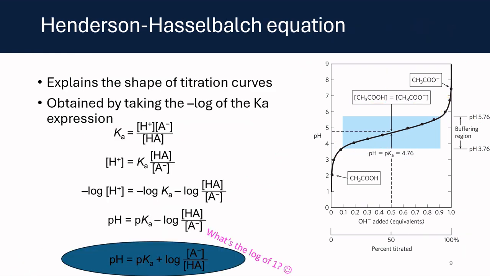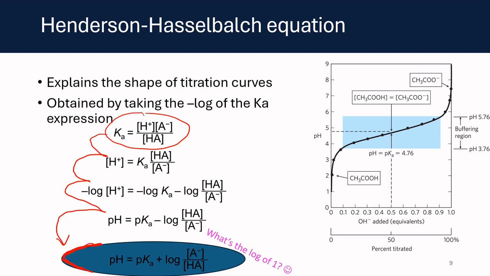I now want to talk about the Henderson-Hasselbalch equation. This equation is going to become your best friend. It was derived decades ago by taking the negative log of the Ka equilibrium expression shown over here. This is the equation that we used in that ICE chart two slides back, and you can follow through on your own if you want to see how taking the negative log of both sides will rearrange the terms until we get to the Henderson-Hasselbalch equation, which I have reproduced below in that blue bubble.